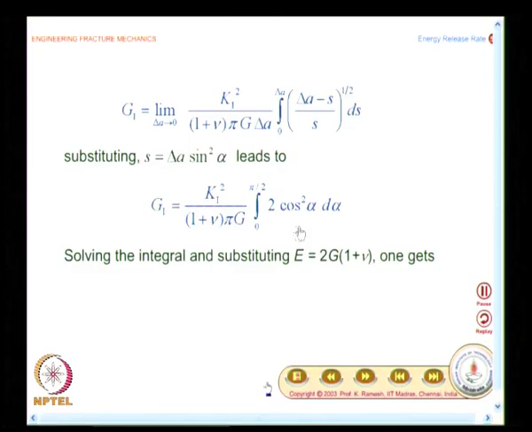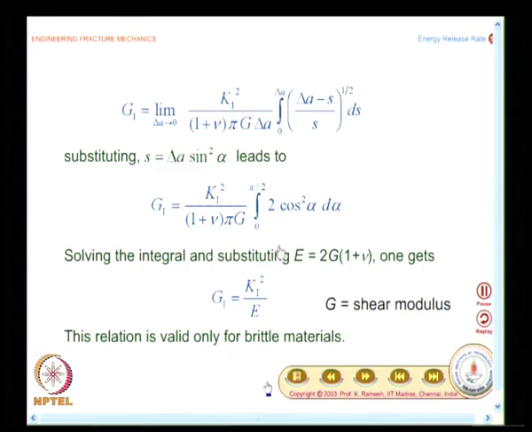So, when I do this it will be nothing but 1 plus cos 2 alpha and then substitute the limits, it would be simply pi by 2, and when you do this simplification I get a final expression G 1 equal to k 1 squared by E. So, this is a very generic expression in relating energy release rate and stress intensity factor.